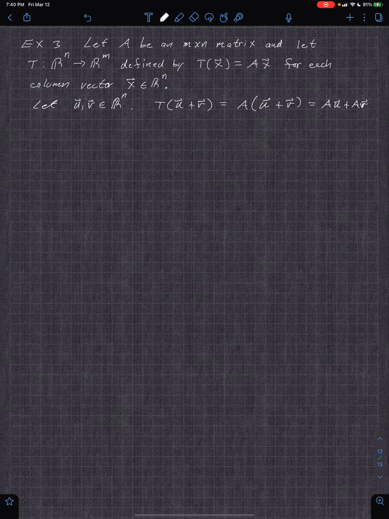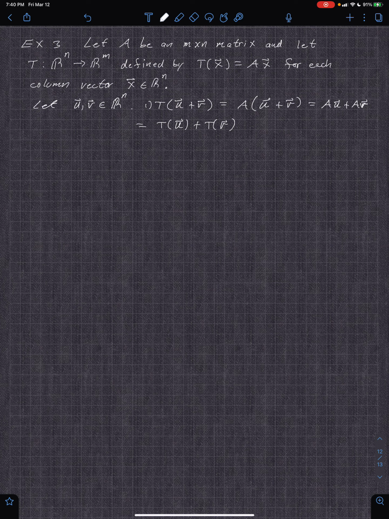We can write it like that. But this is the linear transformation. So that's equal to T of U plus T of V. So it satisfies 1.